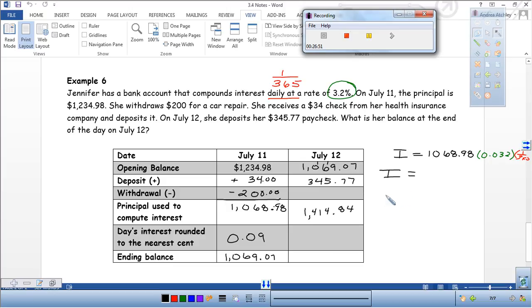So her new interest is going to equal $1,414.84 times my interest rate, again 0.032, times the time, which again is 1 out of 365.